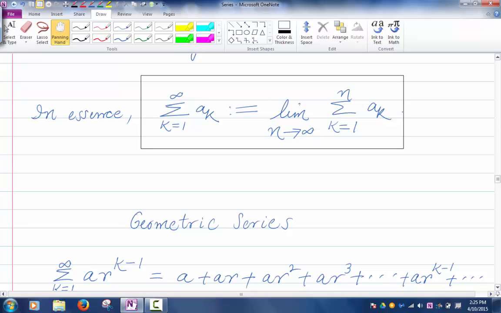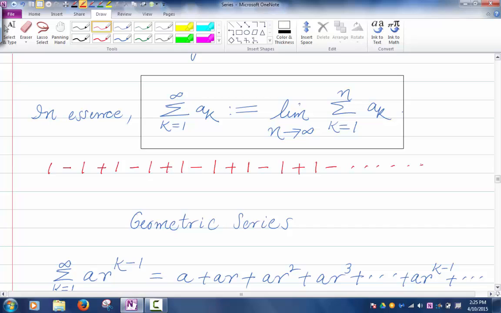Now, let me give you an example of what can happen if you're not thinking about your definition. Let's consider this series: 1 minus 1 plus 1 minus 1 plus 1 minus 1 plus 1 minus 1 plus 1 minus, and so on.